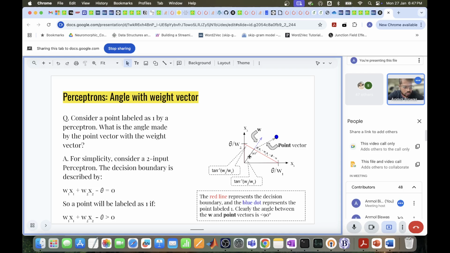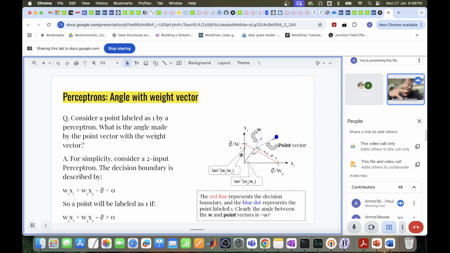So the weight vector looks like this, and obviously you can see that if a point lies above the line, the angle made by that point vector and the weight vector will always be less than 90 degrees. If it lies on the decision boundary line, then the angle will be exactly 90 degrees. If it lies below the decision boundary line, that angle will be greater than 90 degrees, so it will be an obtuse angle if it is a negative sample.